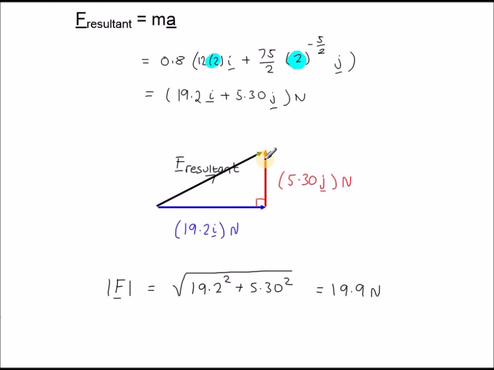And we have this right angle triangle because the i and j vectors are perpendicular to each other, and this side represents 19.2 in the right angle triangle, this side is 5.3. The missing side here, Pythagoras' theorem, is 19.9. For practice, try these questions.